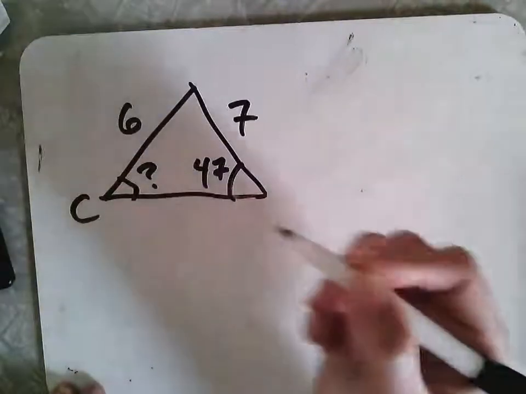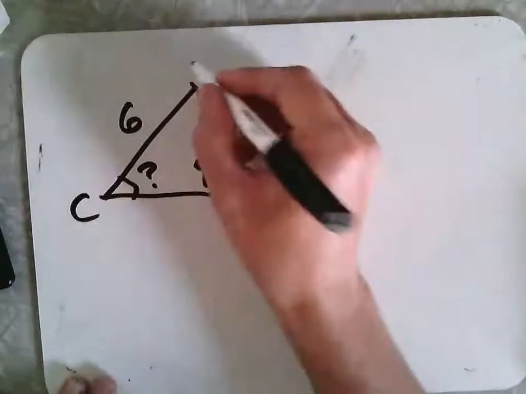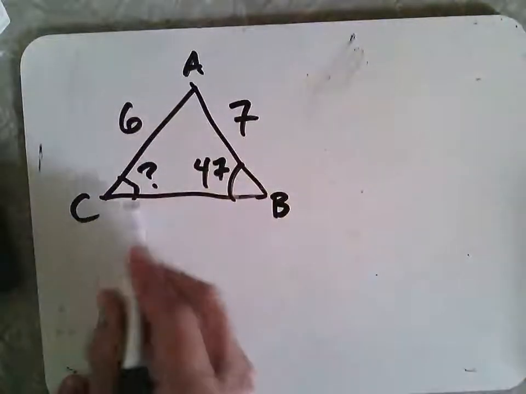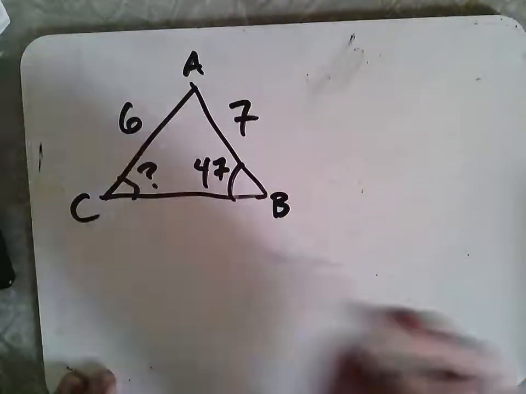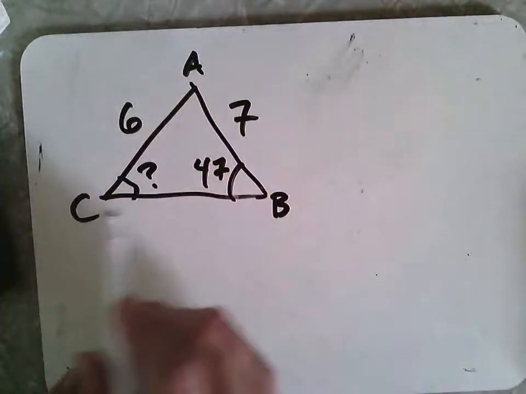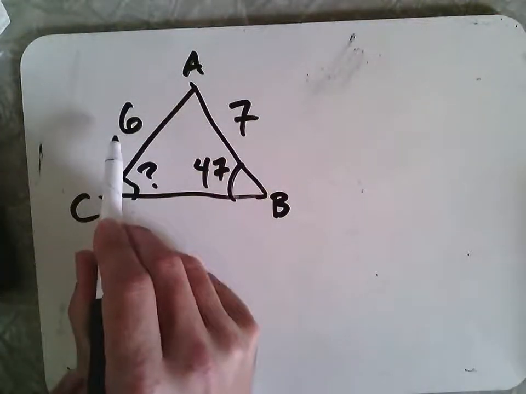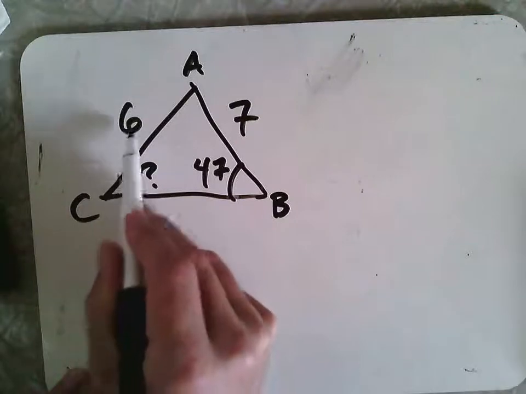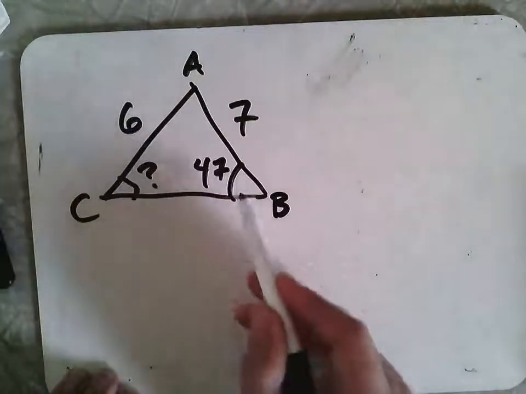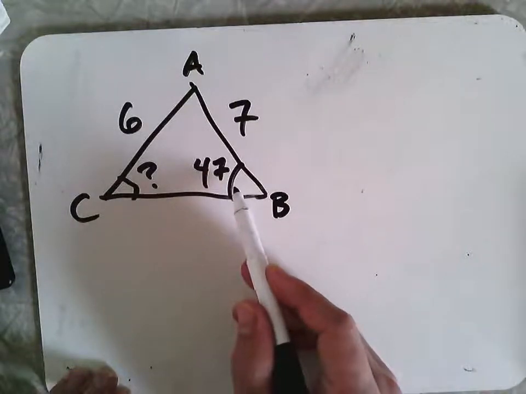We'll call that C. And then A and B, although that doesn't really matter too much. So we're trying to figure out this angle right here. Once again, I'm just going to set this up. I know the ratio of the side AC here, side B is 6, and the angle across from it is 47.